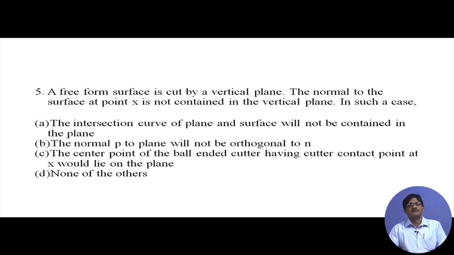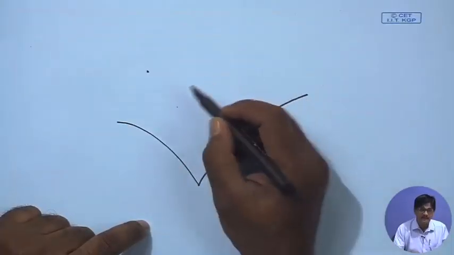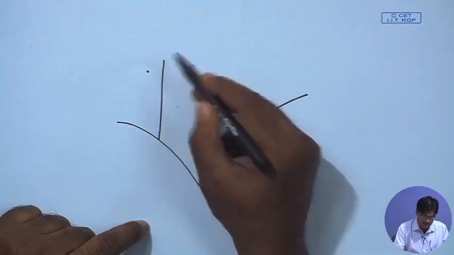A freeform surface is cut by a vertical plane. The normal to the surface at point x is not contained in the vertical plane. So, let me draw a figure. This is the surface and this is the vertical plane.